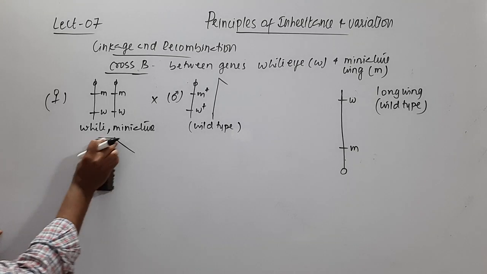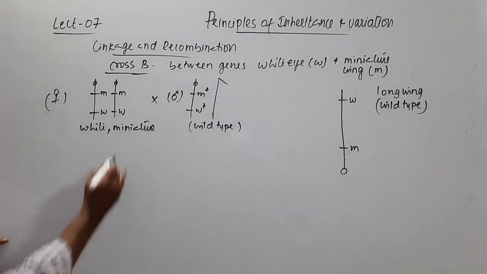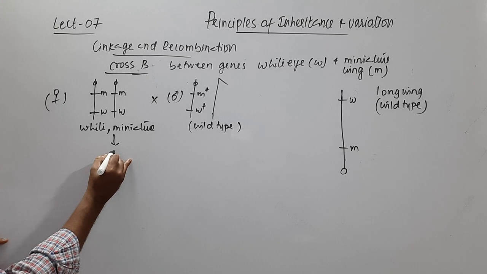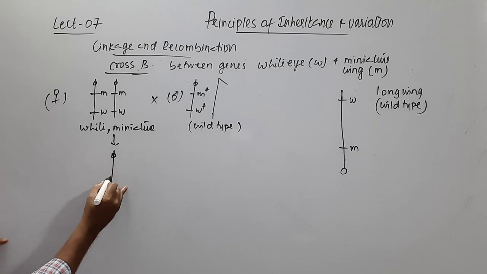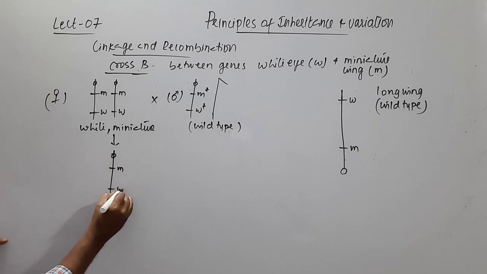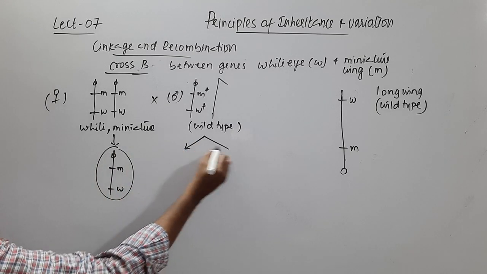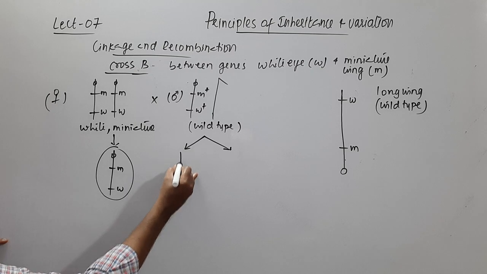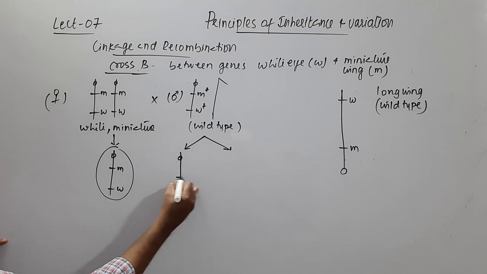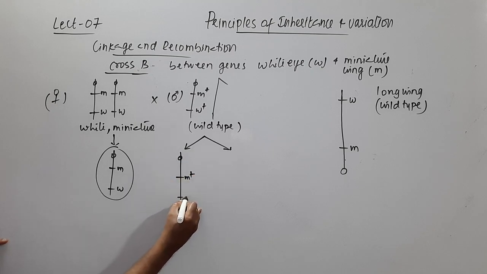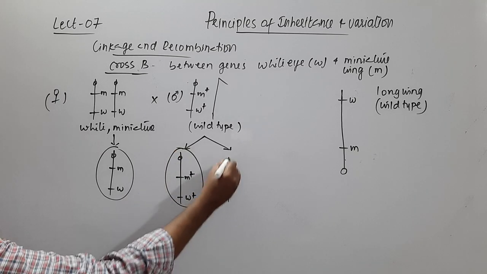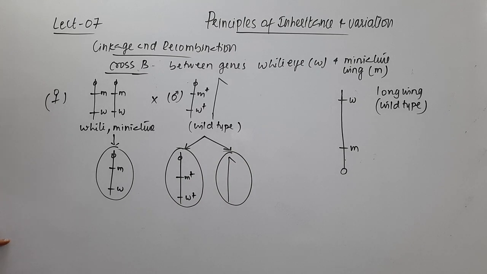Of course, it results in the formation of only one type of gamete, M W, and here two types of gametes, M plus W plus, and another gamete.